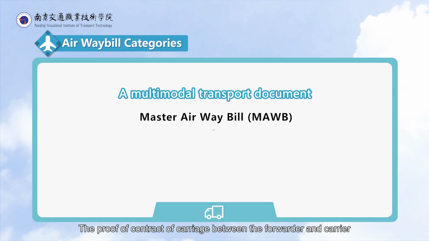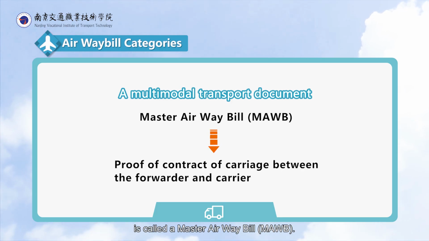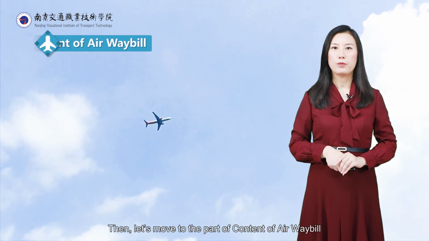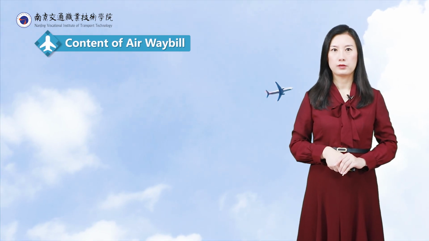The proof of contract of carriage between the forwarder and carrier is called a master airway bill, MAWB. The house airway bill, HAWB, could act as a multimodal transport document. Then let's move on to the content of the airway bill.